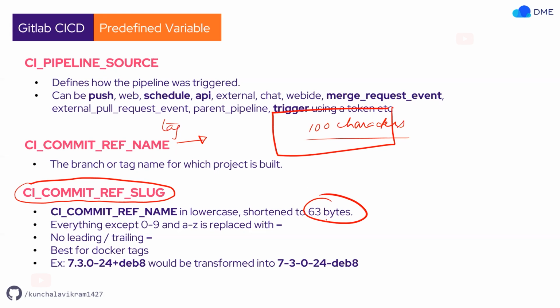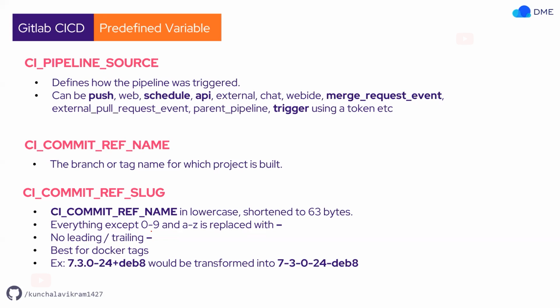And everything except the numbers and alphabet, if you have any special characters in your branch name, it will replace it with a hyphen. Got it? And let's say you're cutting till 63 bytes, and if the last byte has a hyphen, then it will eliminate it.